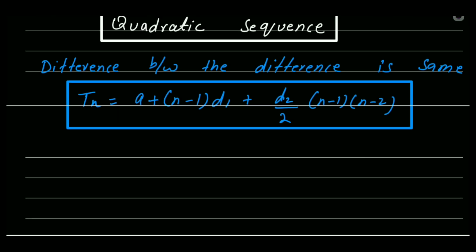So a is the first term, d1 is the difference between first two terms, and d2 is the difference of the difference, which is same.